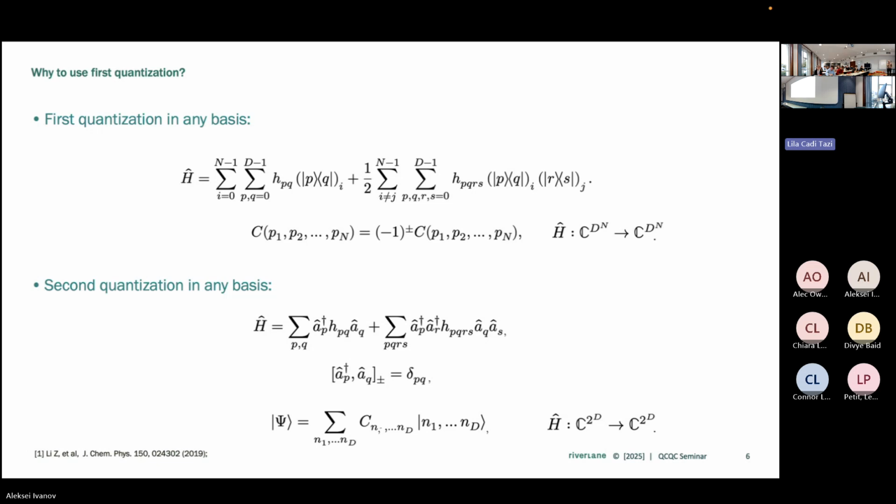So this is just an expansion into some matrix basis set. Again, you need to impose the constraint that the wave function should change sign. You can notice that the Hilbert space has dimensionality d to the power of n, where d is the number of orbitals and n is the number of electrons. So the Hilbert space grows exponentially in the number of electrons.